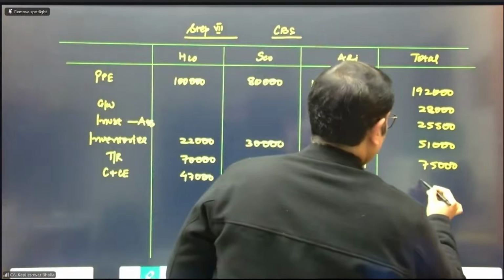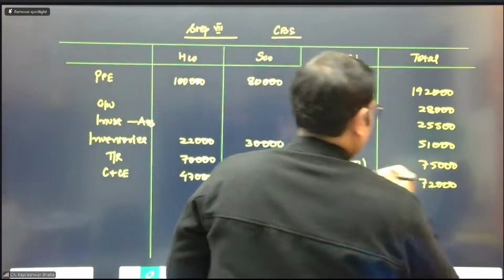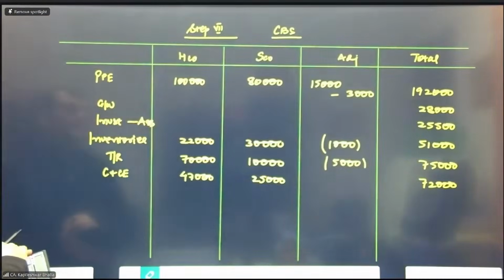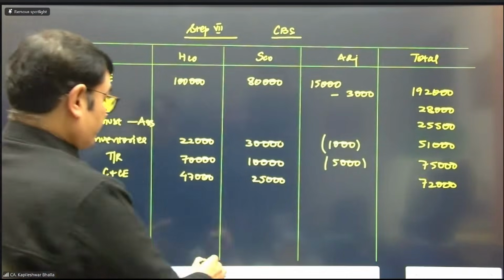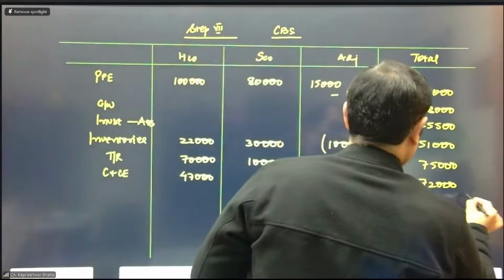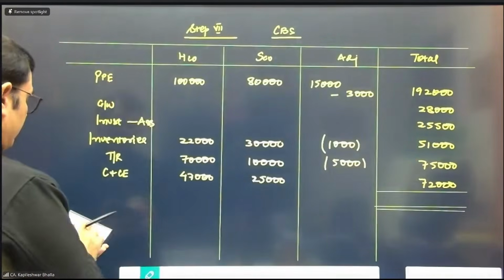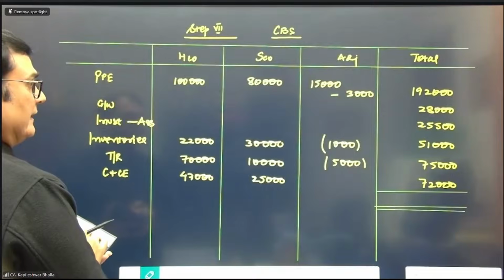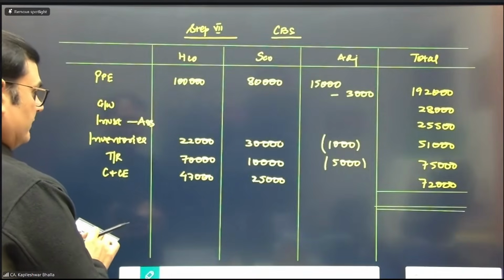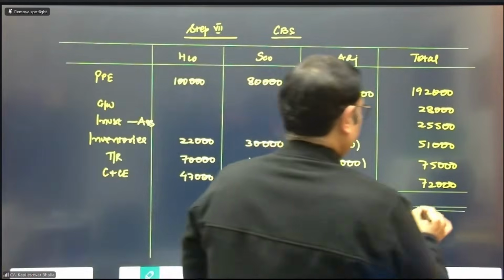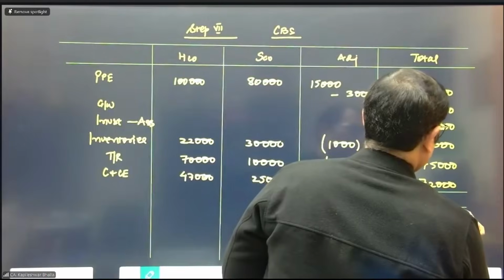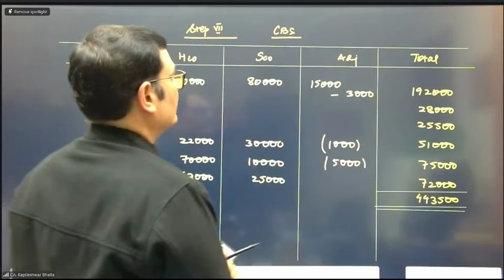That works out at 72. Wow. I think that's it on the asset side of the balance sheet. So let's get the total of the asset side: 192, 28, 25,500. This is, I think, coming to 443,500 as the total.